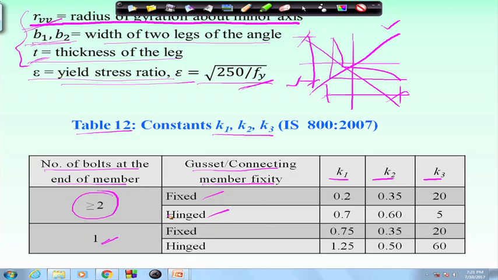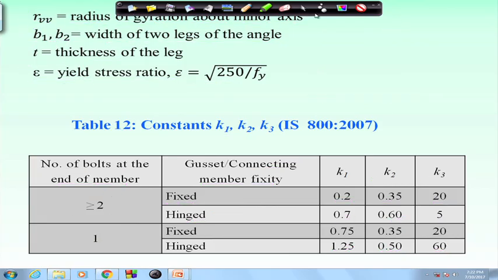Say for example, if I have a fixed connection and the number of bolts is 2 or more than 2, then I can take the value of K 1 as 0.2, K 2 as 0.35 and K 3 as 20. Similarly, I can consider different types of member fixity. If it is hinged, then K 1, K 2, K 3 values can be found. Similarly, if the number of bolts is 1 at the end, then depending upon the fixity I can find out the values of K 1, K 2, K 3.